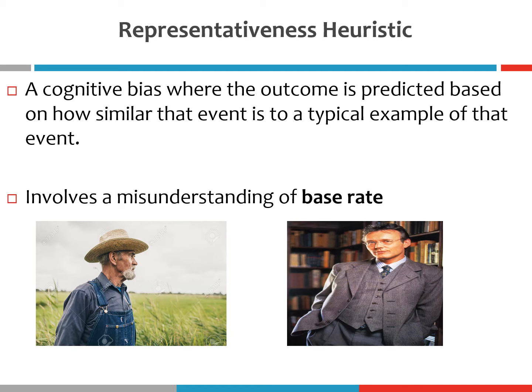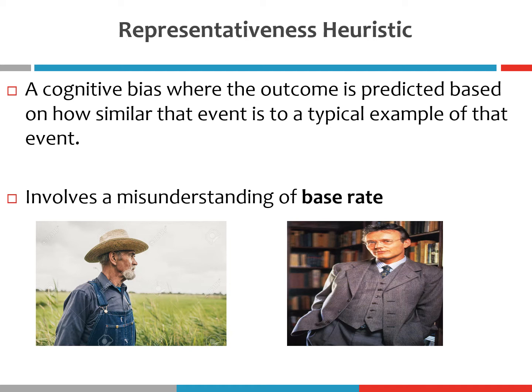Unfortunately, however, just like with a lot of heuristics, they were ignoring an important source of information. And that source of information was something called the base rate. Right? So the base rate is the relative proportion of different classes of people in the population. Right? So a base rate is what percentage of all of the males in the United States are librarians, and what percentage of all the males in the United States are farmers, right?